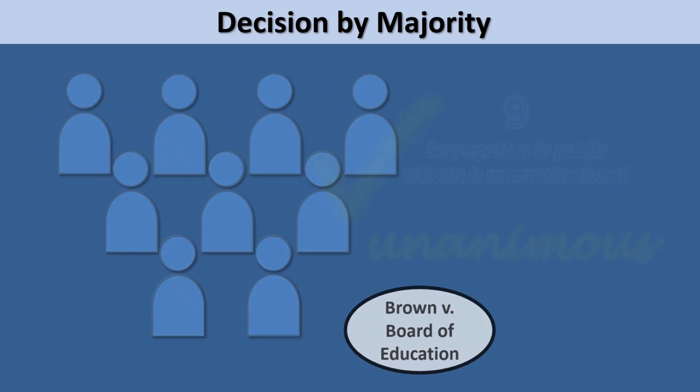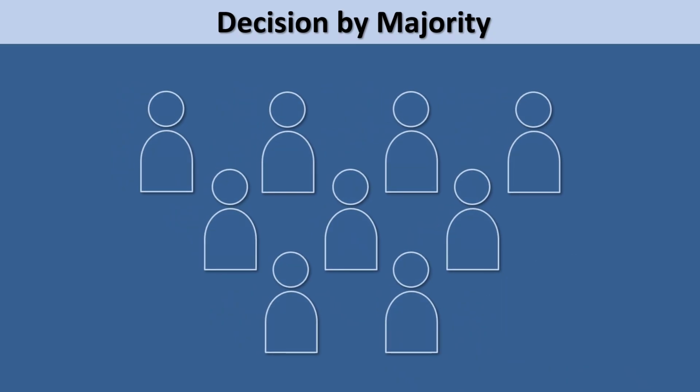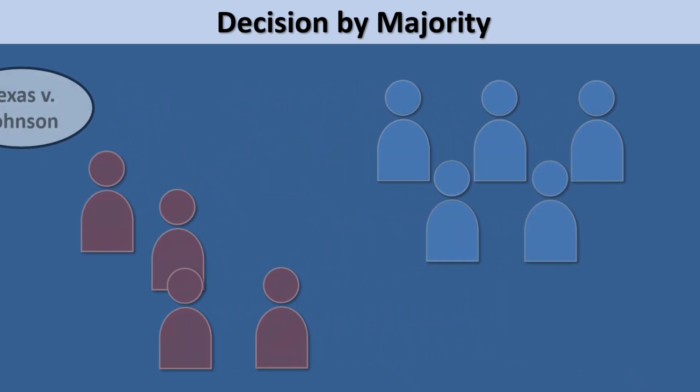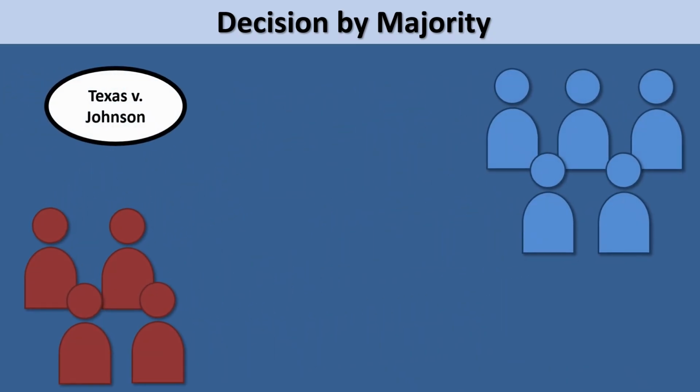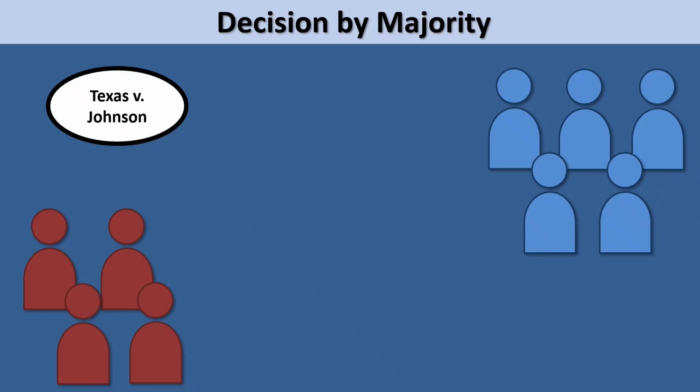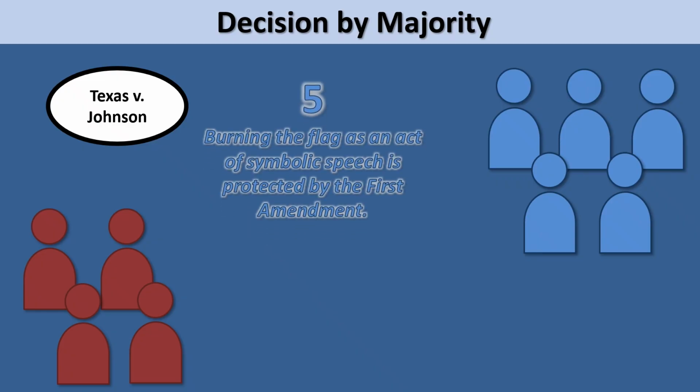Finally, in the case of Texas versus Johnson, the 9 Supreme Court justices were torn on the issue of whether or not burning the U.S. flag counts as an act of free speech protected by the First Amendment. Despite the conflicting opinions in the court, however, 5 justices eventually came to the conclusion that burning the flag in order to demonstrate how you feel about an issue is in fact an action protected by Americans' constitutional rights to freedom of speech and to freedom of expression.